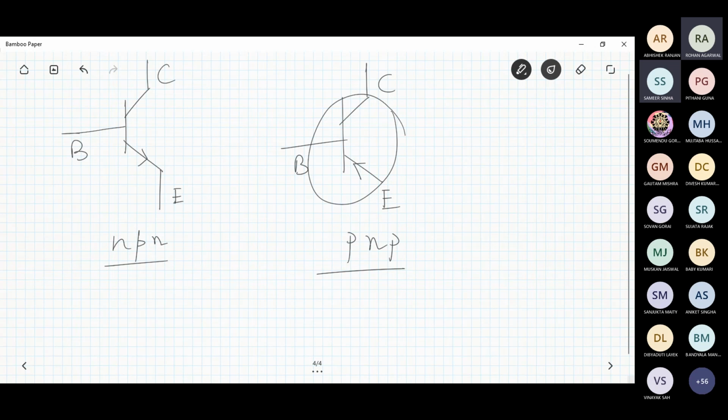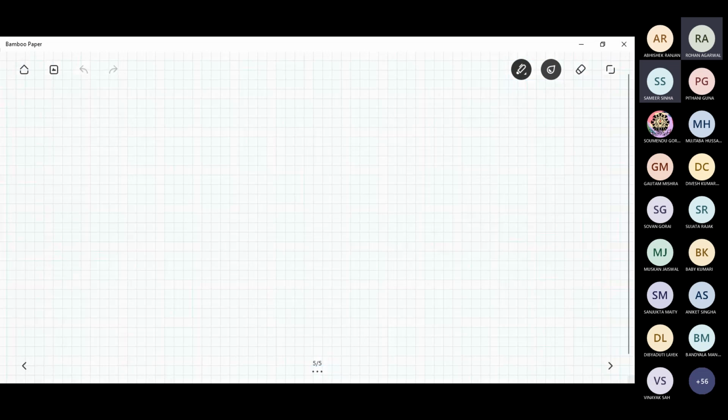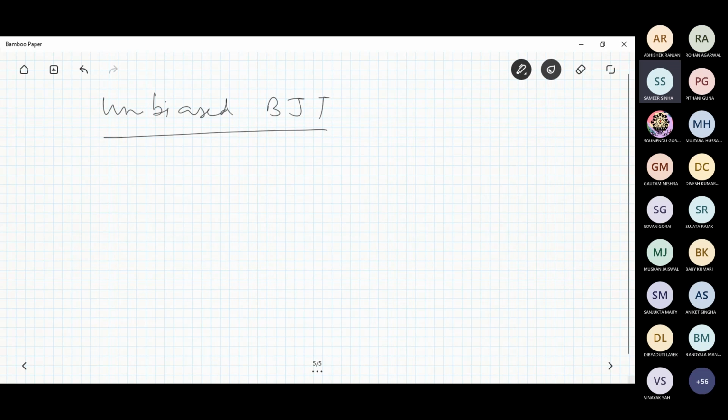Okay. So you have to finally generate current, and to generate current you have to apply a certain amount of voltage difference across two terminals. Okay. So whenever it comes to voltage application, that is called biasing. So either there could be an unbiased BJT where there is no voltage applied across these three terminals.